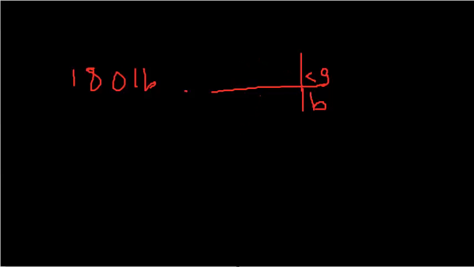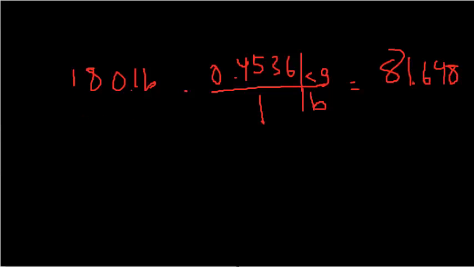I know that 1 pound is equal to 0.4536 kilograms. So 180 times 0.4536 is equal to 81.648. My units of pounds cancel out, and I'm left with units of kilograms.